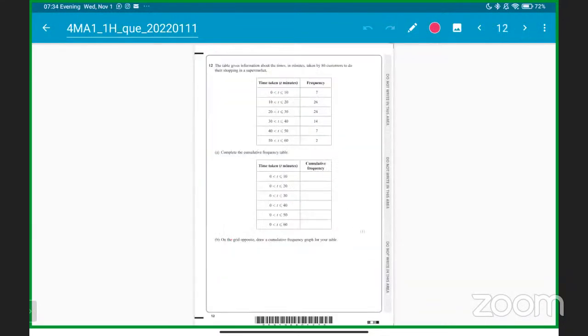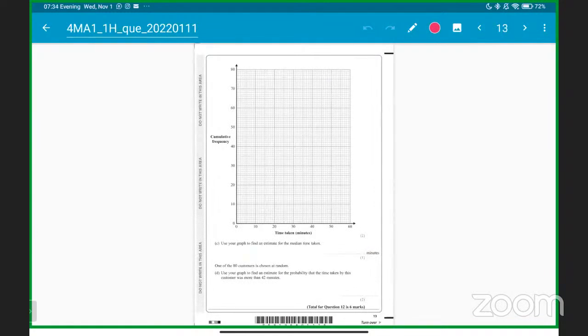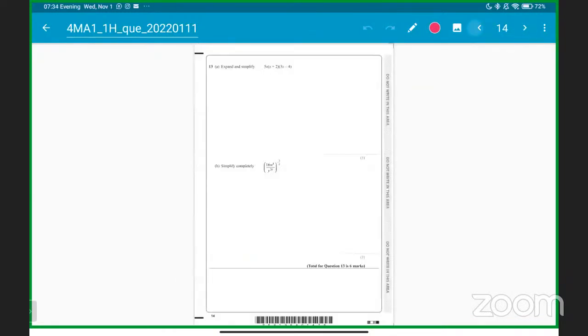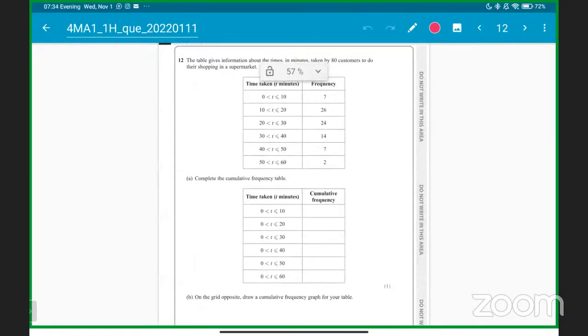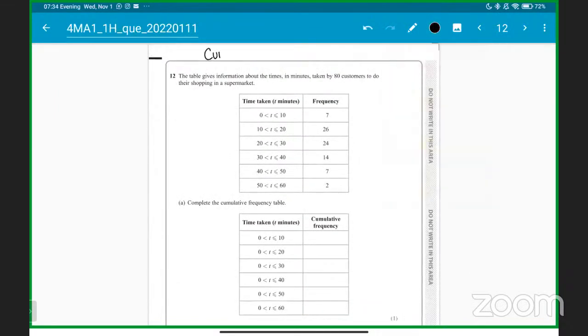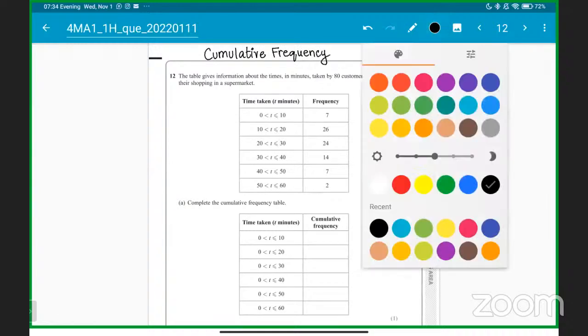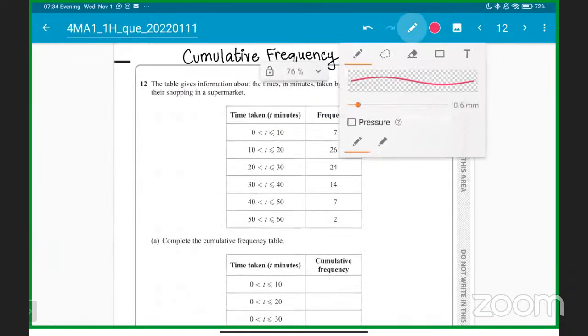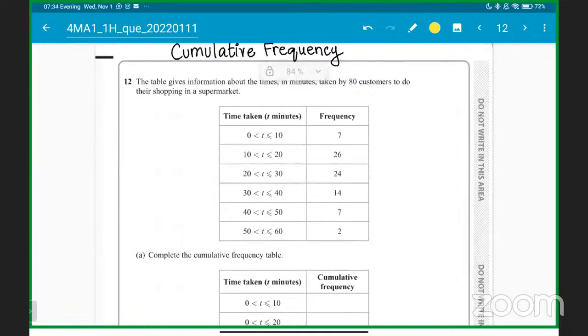No problem. Let's do another question that is of cumulative frequency. Okay, question number 12. Got it? On statistics, cumulative frequency, and we'll stop here as half of the paper is done, and we'll complete that in the next. So let's quickly finish cumulative frequency.